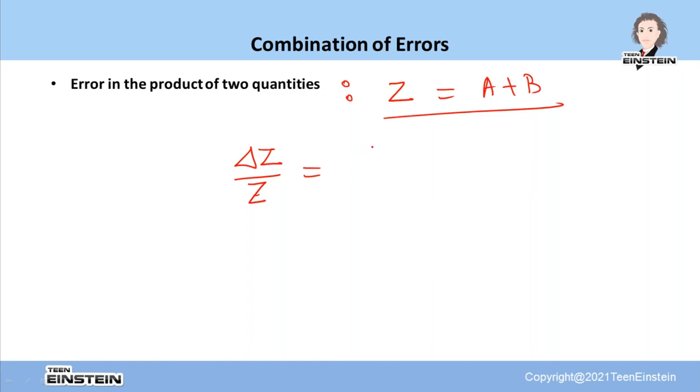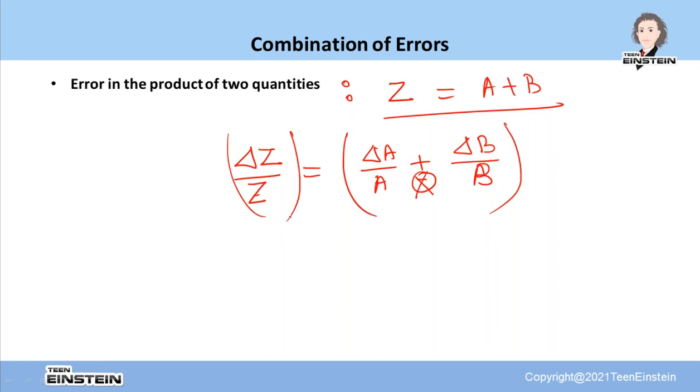This means you take the fractional error in individual quantities, and then you have to sum them up. I am not taking the minus. You have to add them, because you have to take the maximum permissible error. You have to always maximize the error. That's why you have to take the positive in this case also.